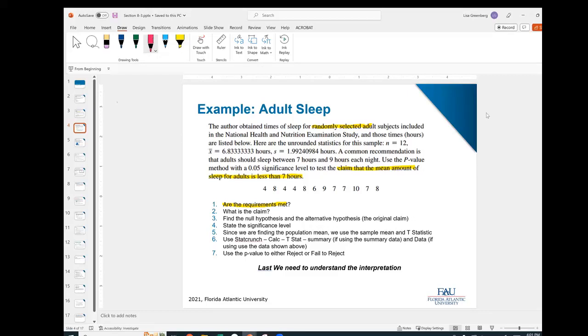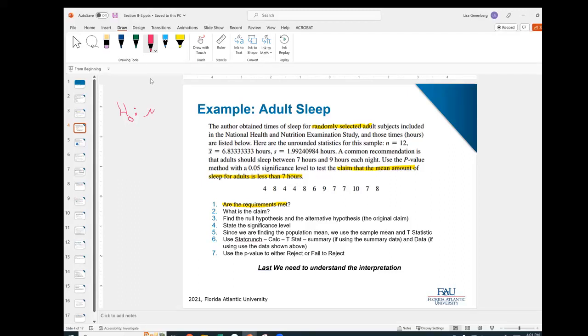One is called a null hypothesis, H sub 0, and H sub 0 always has equals. So we want to test the claim that the mean amount of sleep for adults is less than 7 hours.